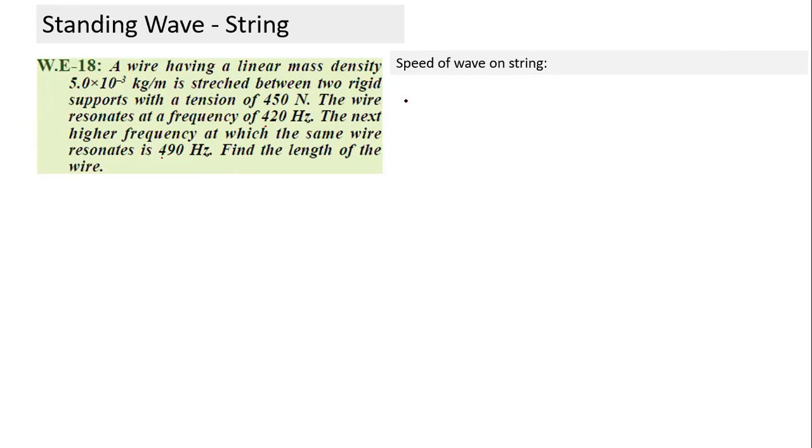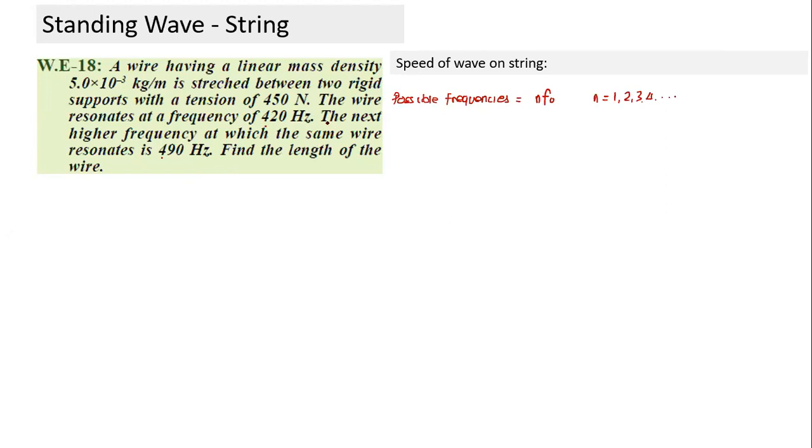So what are the frequencies at which a string oscillates? Possible frequencies are n times f naught, the fundamental frequency, where n can take a value of 1, 2, 3, 4, 5 and so on.